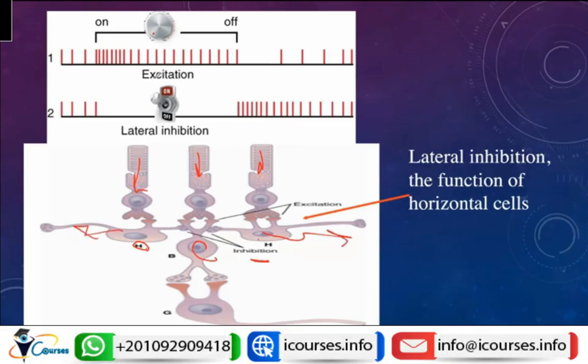If there are no horizontal cells, there will be a minimal difference between the light on and light off responses. As you can see, this is the on and this is the off, with no great difference between them. But with the horizontal cells, the bipolar cells are switched off, so there will be a greater difference between the on response and the off response.